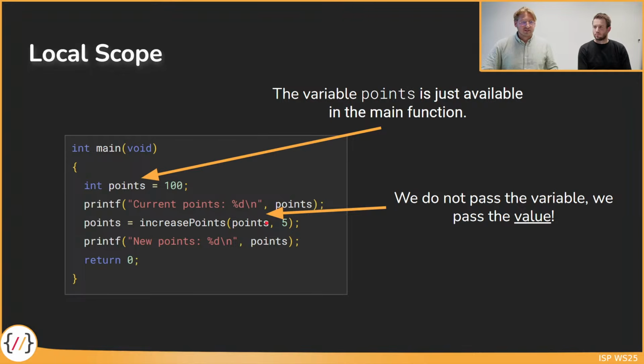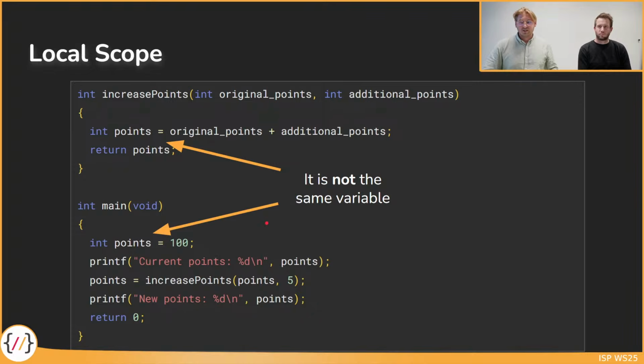All right, so that's the local scope of variables, and now we can return to the code snippet from just before, and we can now say, okay, these two variables here, so int points in the function increase points and int points in the function main, are definitely not the same.